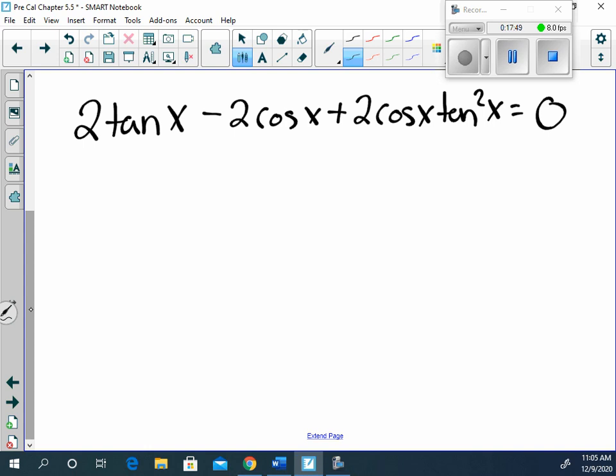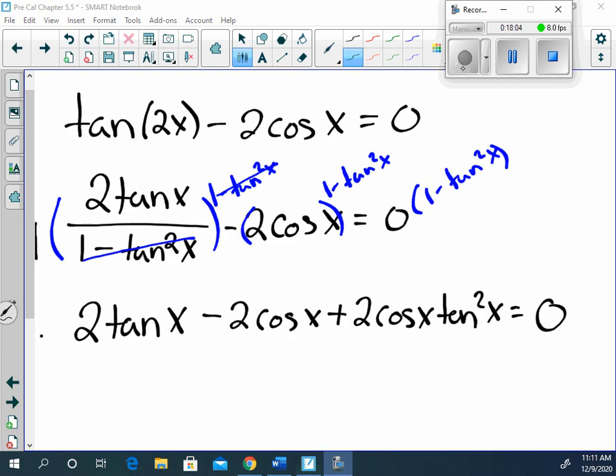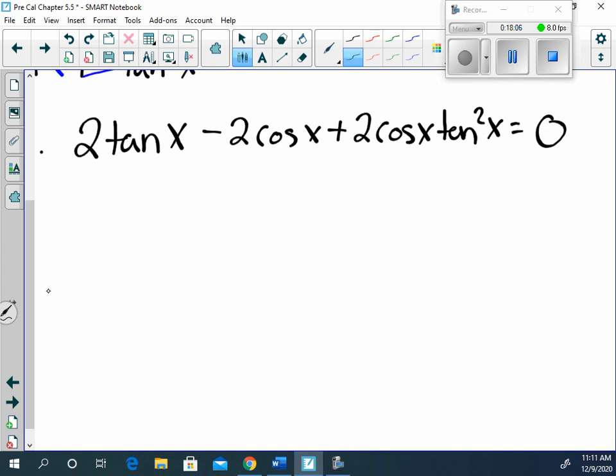Because now I'm just looking to see what would be the next best strategy for getting x by itself. Okay. So this here was the right track of what we're doing.